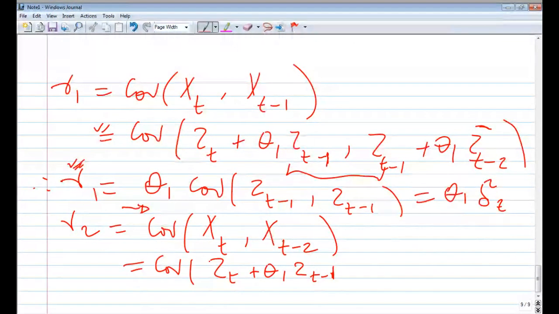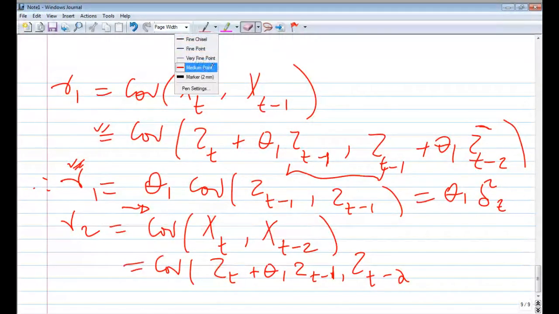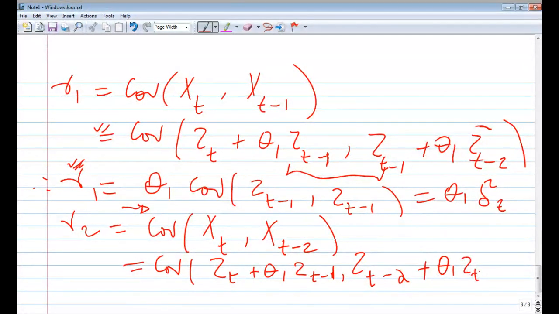Thank you. So gamma 2 is equal to the covariance of zt plus theta 1 zt minus 1 and zt minus 2 plus theta 1 zt minus 3.